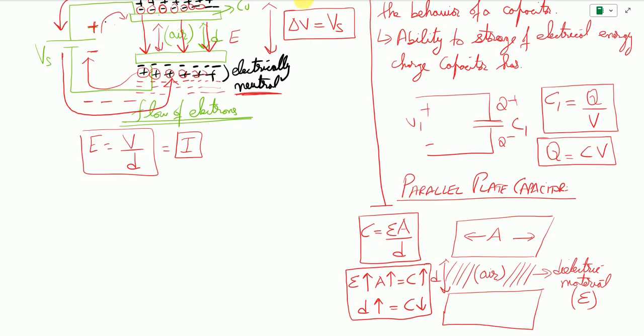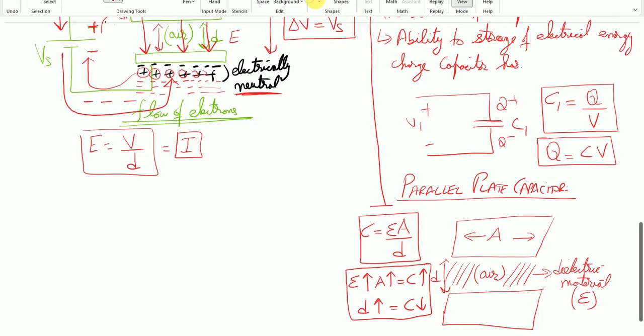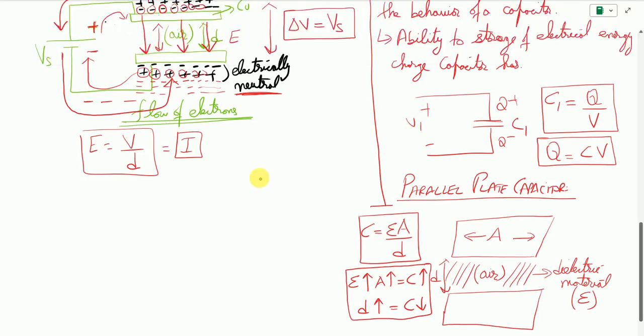We can see this from the image over here. If this area A is increased, what does it mean? We have more charges in an expanded area, so the capacitance, which is the ability to store electrical energy, is going to increase. Similarly, if the distance is increased, it will take more time for the electric field to form.